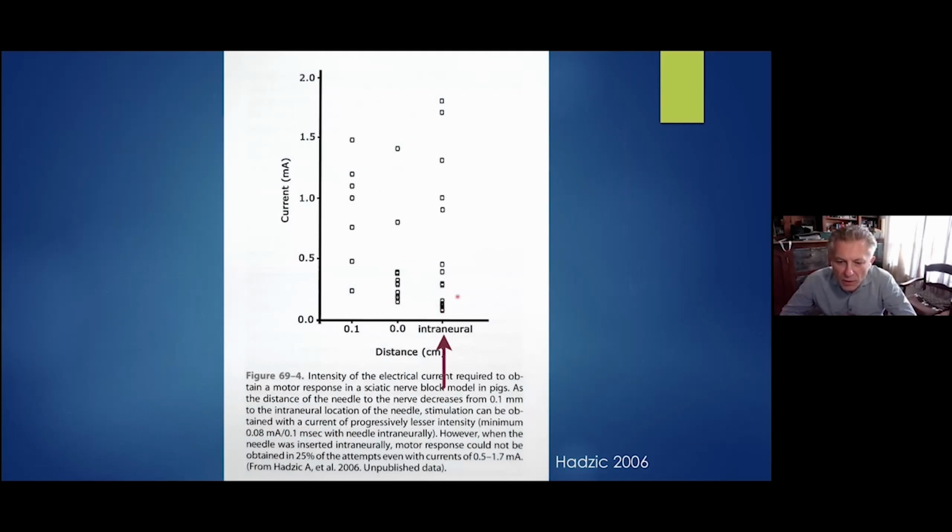But once intraneurally, you have an increase in some cases, with, in 25%, no motor response with high currents when the needle tip was intraneurally. So that doesn't mean that a low current will give you a motor response when you are intraneurally.